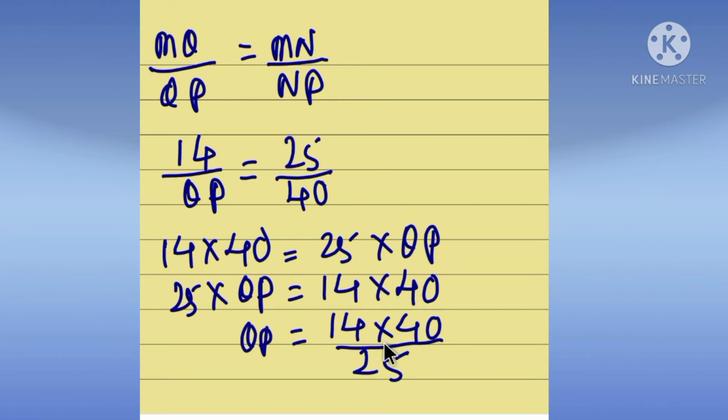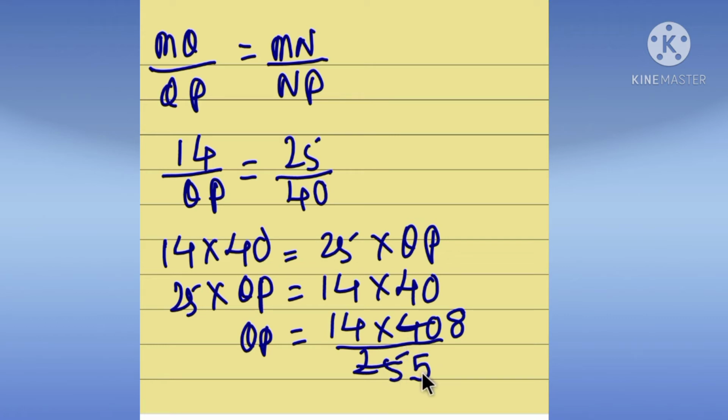Now we have to do simplification here. Here is a 40 and here is a 25. We can divide these two numbers by the number 5. So 5 eights are 40, 5 fives are 25.